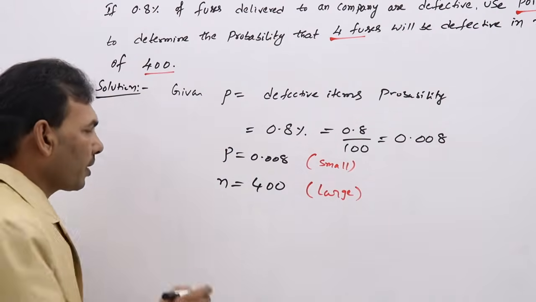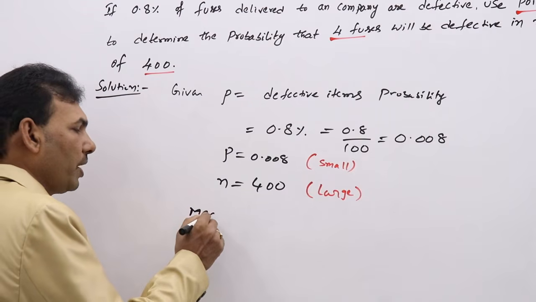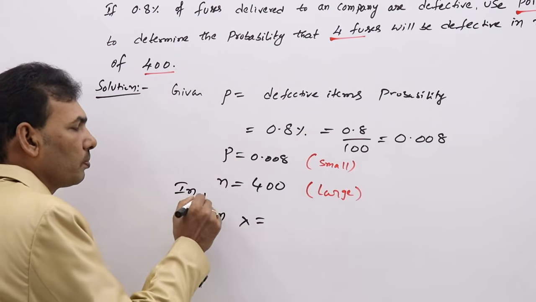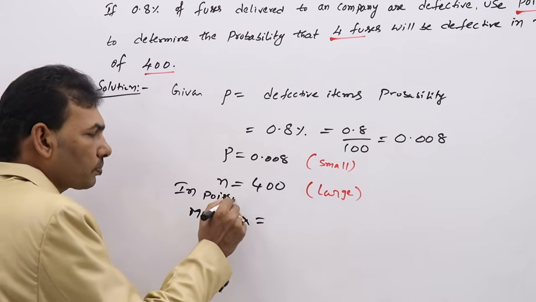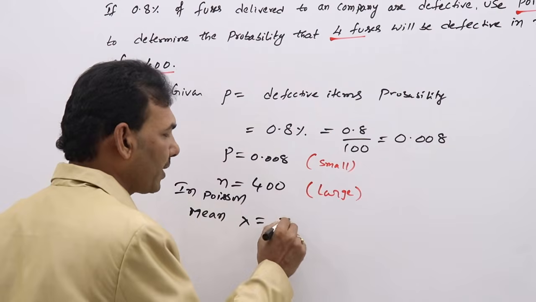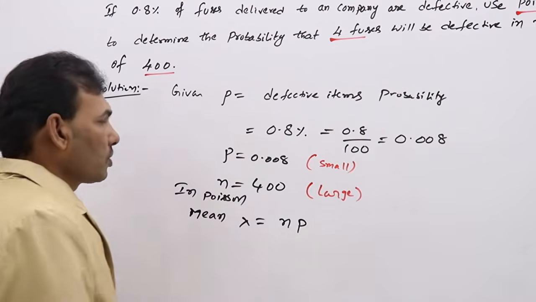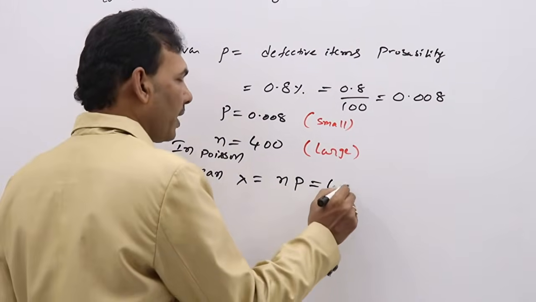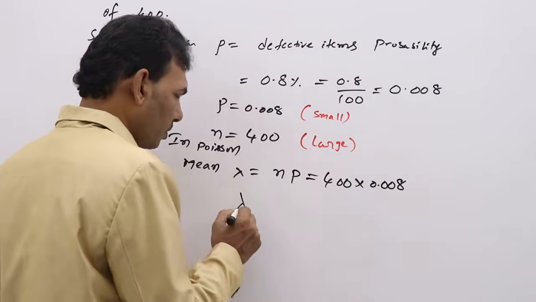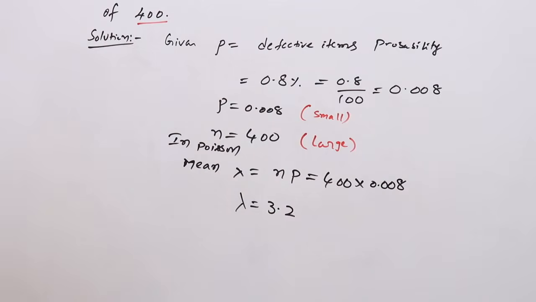So here, in Poisson, the mean is lambda, which will be calculated by multiplying n and p. So what is n? 400 into 0.008. So the lambda value, using the calculator, you will get 3.2.